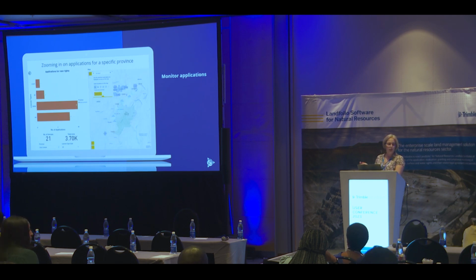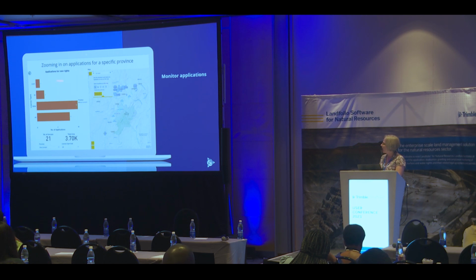So everything on the map, everything on the dashboard adjusts automatically. So I have one province now. I can see for that province we only have 21 applications. I can see the coverage of those, and I can see for that province we only have 4 different license types applied for. You can also see that the map automatically zoomed in on that province and the applications in that area.